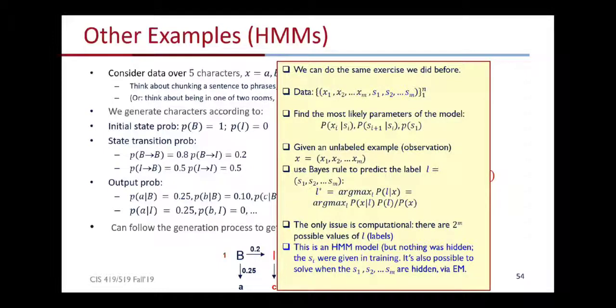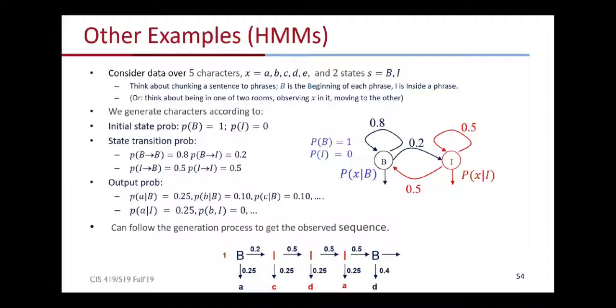These are the states. Once you have the data this way, you can estimate the initial probabilities for each state, right? You've seen 100 examples like this. You know that in 49 of these, I started with B, and in 51, I started with I, so you know what is P of B and P of I, initial probabilities.